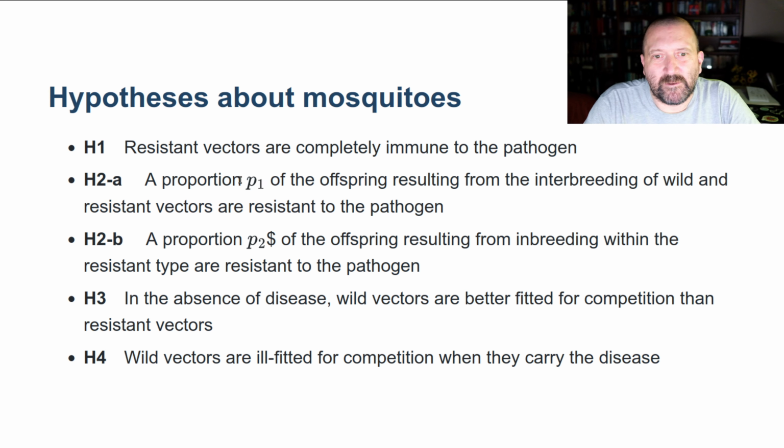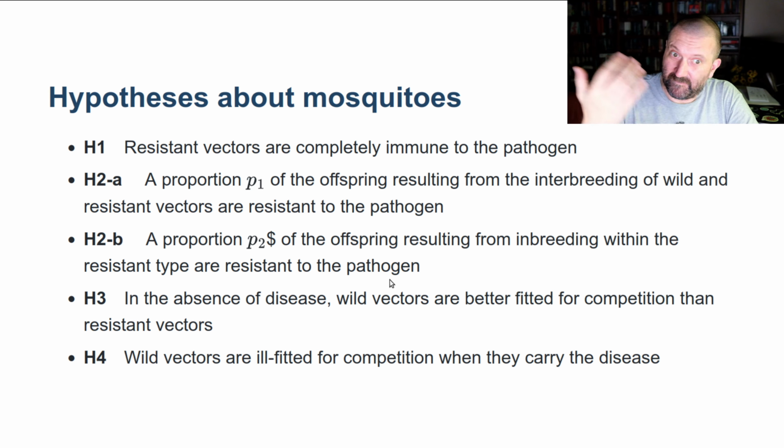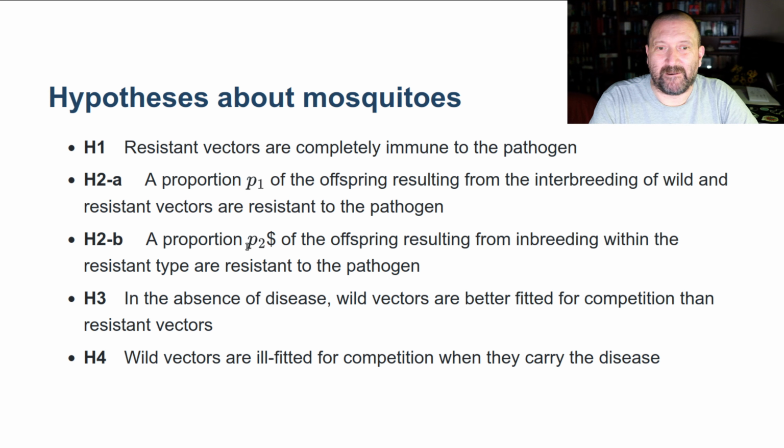And when you consider the offspring resulting from interbreeding of wild and resistant vectors, some of them are resistant, and some of the offspring resulting from inbreeding within the resistant types are resistant. But 1 minus P1 of the mix and 1 minus P2 of the mix are not resistant.